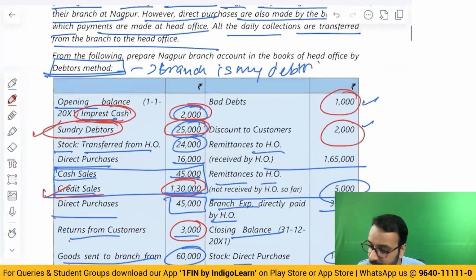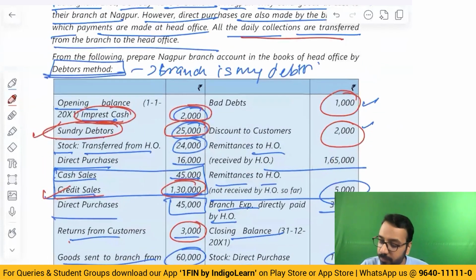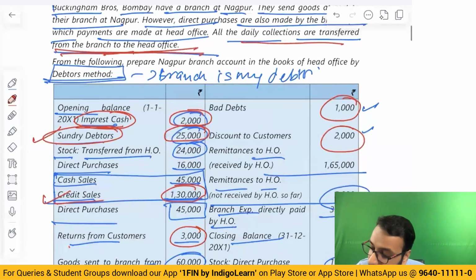What they have also said is all the collections are transferred from the branch to head office. Whatever collections are happening are transferred daily from branch to head office, meaning the collections are not stored. It will not impact my petty cash.